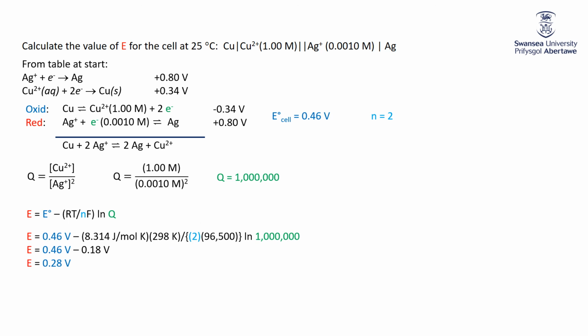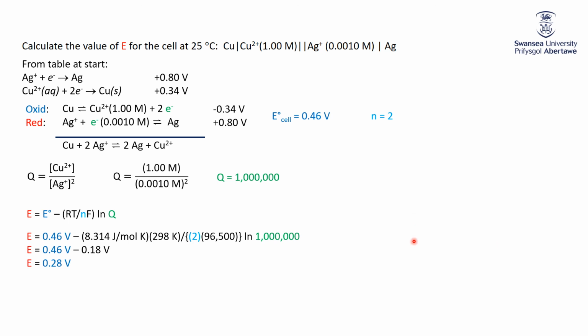Now you can actually think about that in terms of the reaction line. Okay, I should have actually put this in a slide, but bear with me. Reaction line going like that. Standard state, we start here at Q equals 1. We're going to go over here to equilibrium, and the potential associated with that is 0.46 volts.